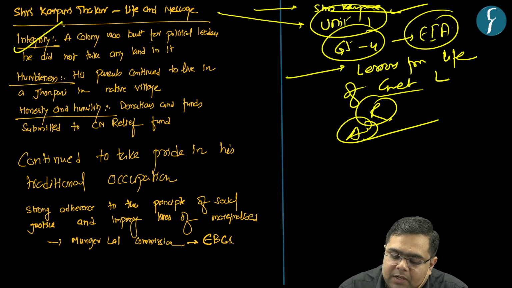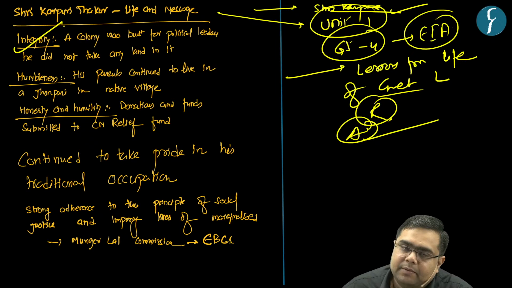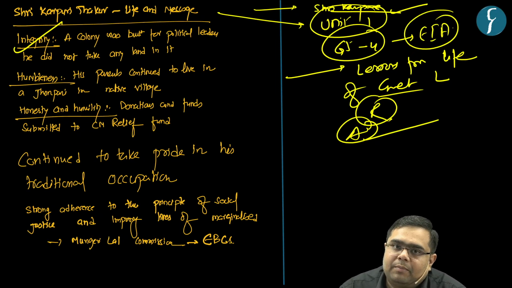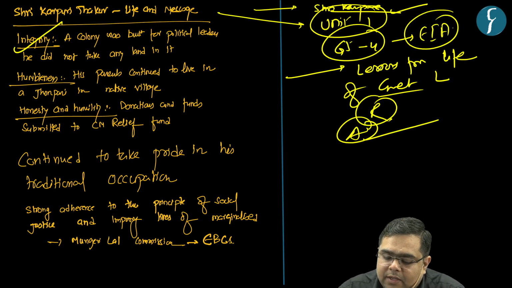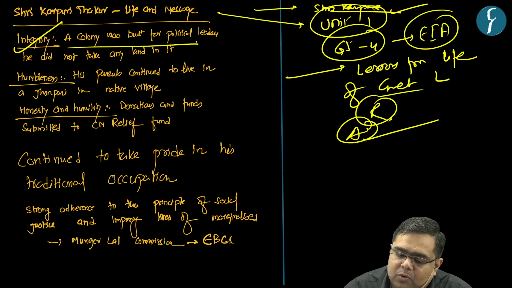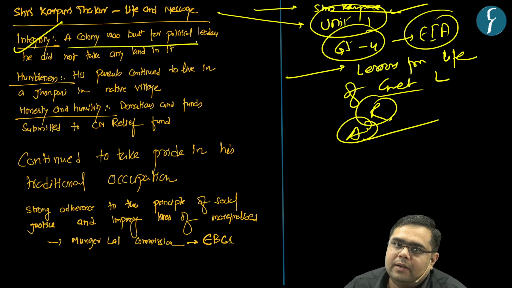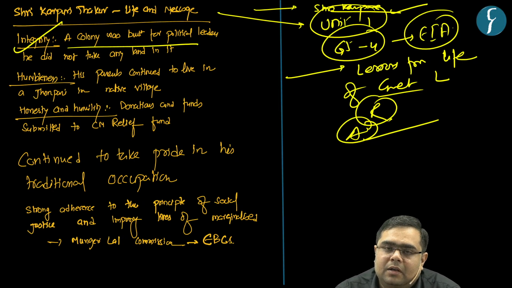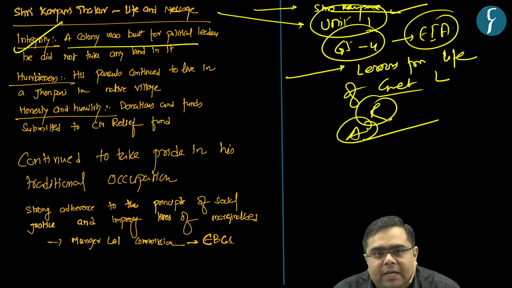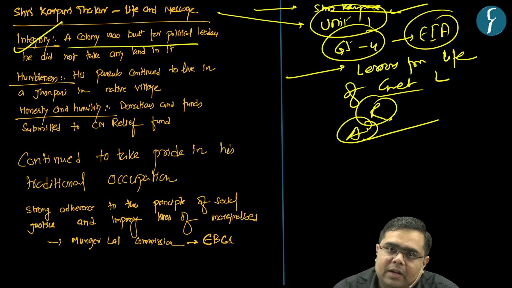The first example is with respect to his value of integrity. Even Prime Minister Narendra Modi quoted an instance from his life where a colony was about to be built for political leaders in the capital city of Bihar, Patna. But he did not take part, or allocate for himself any land out of it.